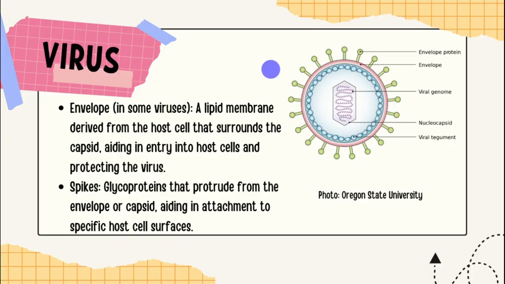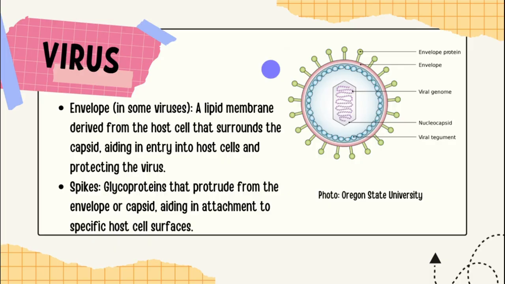Because the goal at the end of the day is to multiply, to survive, to be resilient. So these viruses, when they're entering a host, they're ready to take over, right? Their structures are meant to protect the genome, and that is what is going to cause the infection, right?